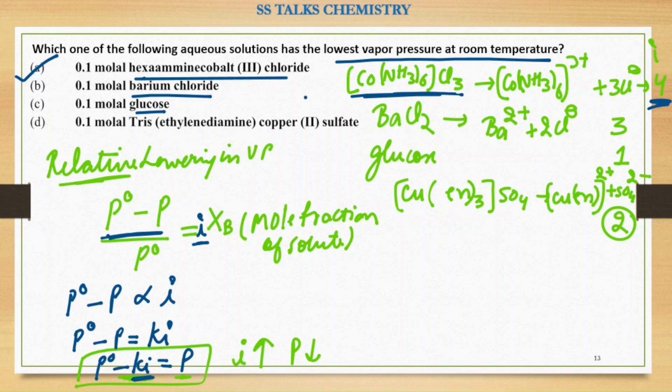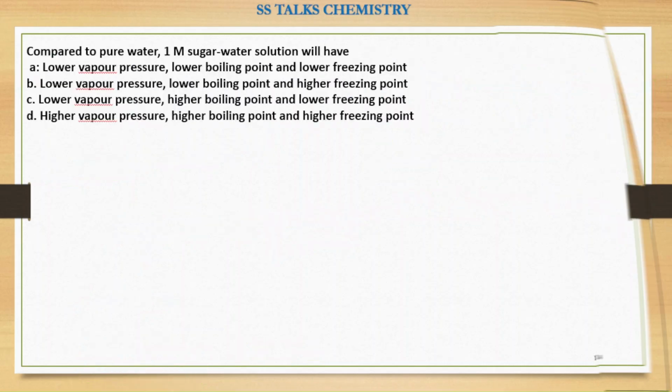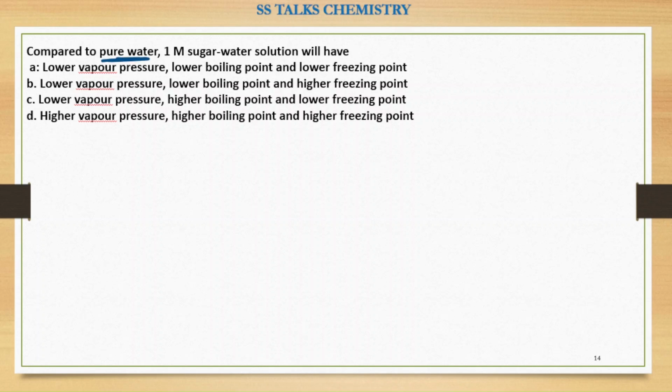Okay. Next we have this question: compared to pure water, a 1 molar sugar water solution. So pure water is the initial solvent you are having, and the 1 molar sugar water means that you are adding a non-volatile solute. So what change are you going to observe?